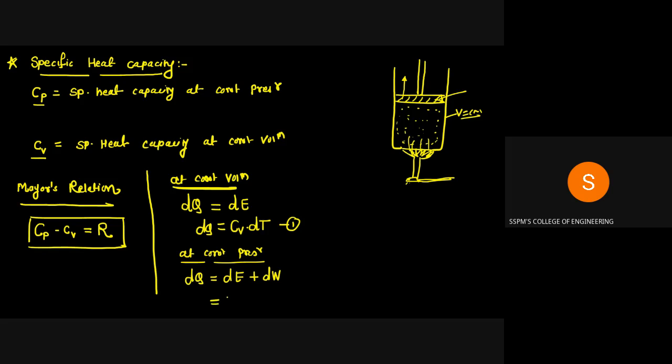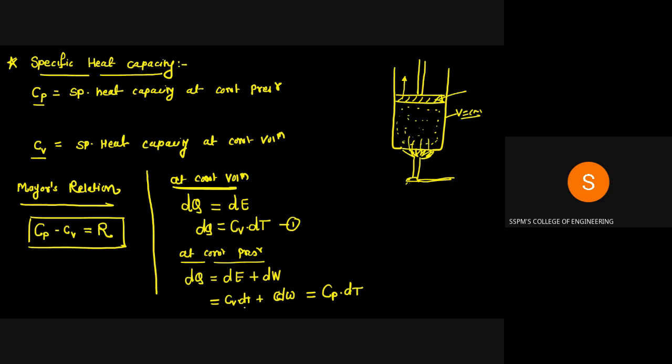So we have the equation for dE, which is Cv into dT, and dW, the increase in work. So this total heat supplied is equal to Cp into dT.